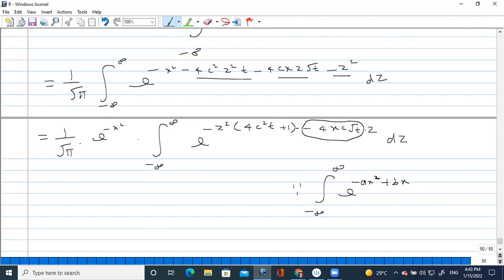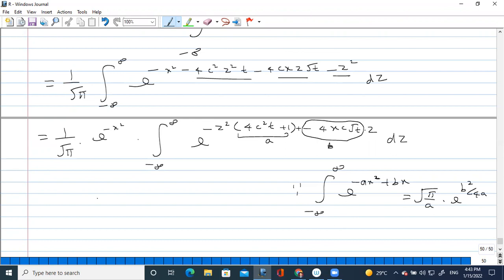If you say that this is plus or minus of this, so this whole thing is working as b, and this is working as a. So it will be e to the power minus a x square plus b z. Like this you can think, and that will be equal to under root pi by a into e to the power b square by 4a.